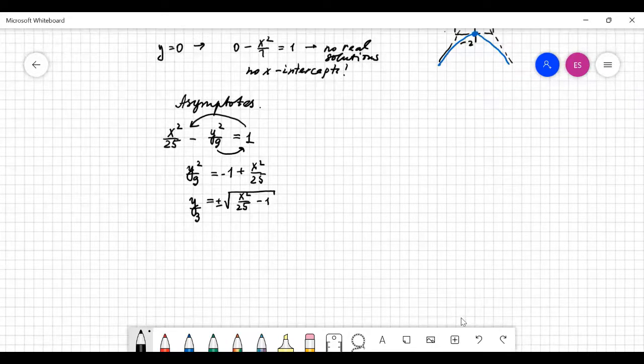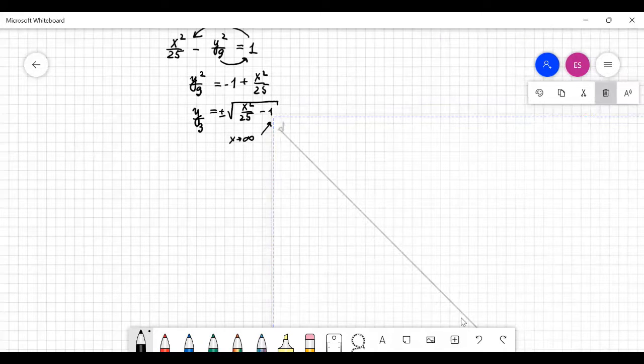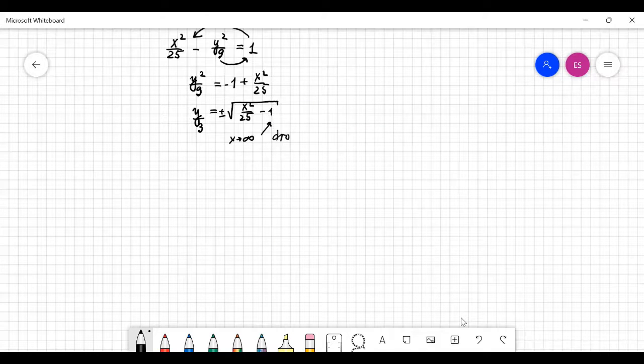Now, guys, what is going to happen when x goes to infinity? When x goes to infinity, this x squared will be a big number, right? And this 1 is going to be very little in comparison to a big number. So we are going to drop it. What are we going to have, guys?